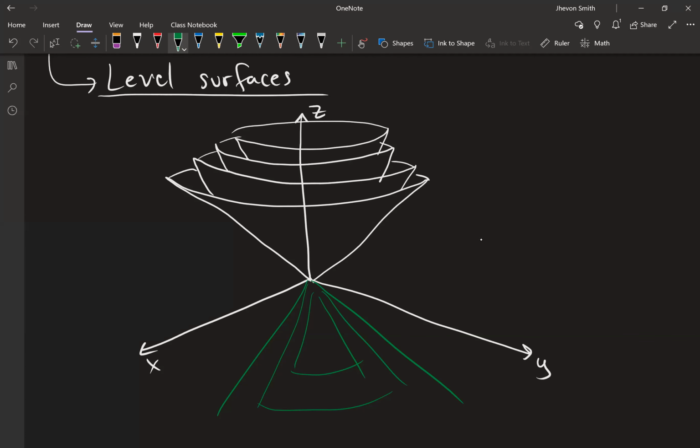Your shadow is always going to be a dimension below you. Okay, so you're 3-dimensional, you're going to cast a 2-dimensional shadow. If you're 4-dimensional, you're going to cast a 3-dimensional shadow. So these concentric cones here, they're like the shadow of whatever this thing is that lives in 4D. I have no idea what it's going to look like, but hey, its shadow is 3-dimensional and it looks like a bunch of concentric cones.